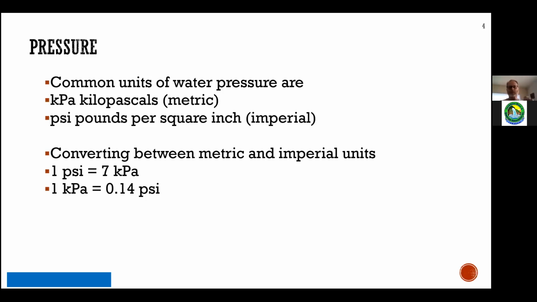If I fill up a jar with water to the equivalent measure of 1 PSI, it's the same volume of liquid as 6.89 kPa. Typically, we are working in metric and we'll stick with that. But they are different measures of the same concept, in this case, pressure.